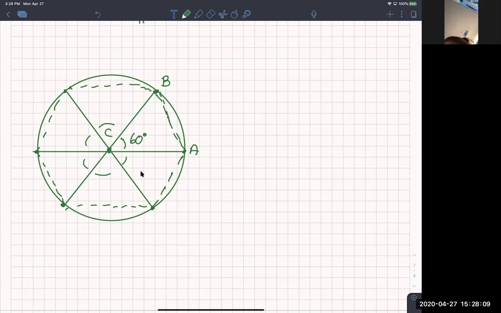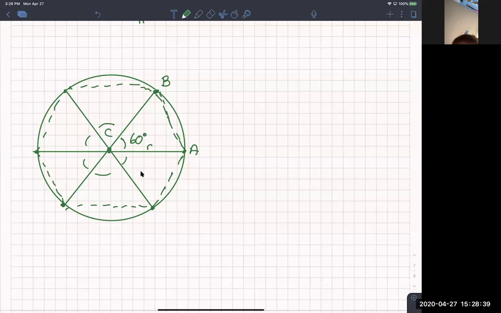That's it. Doesn't give you the radius of the circle or anything? It says the radius is R. Okay, so they want a formula for that, right? Yeah, they want a formula for the length of segment AB.